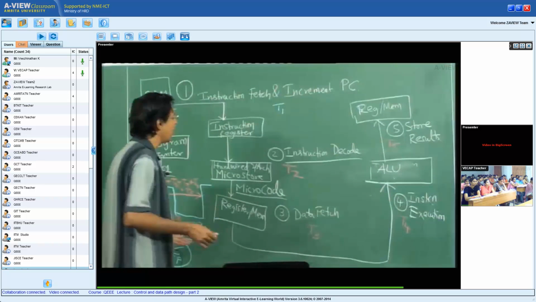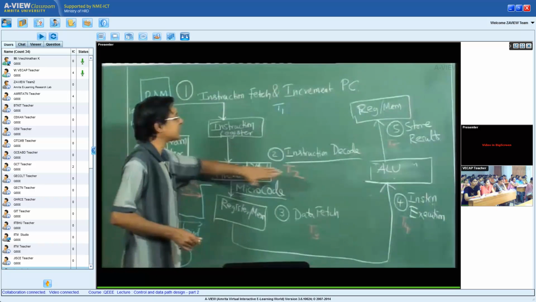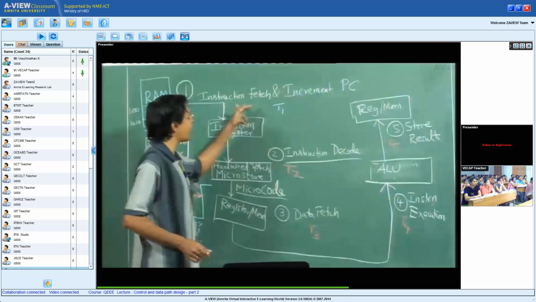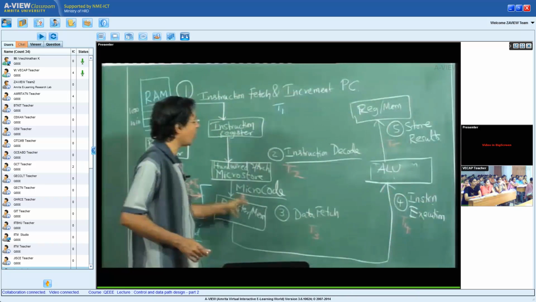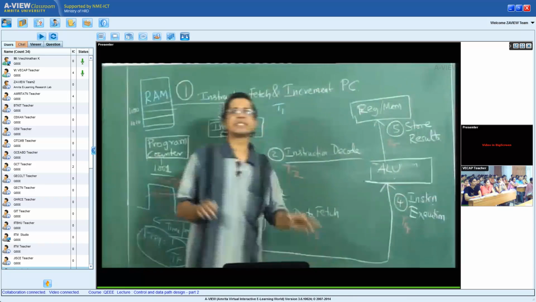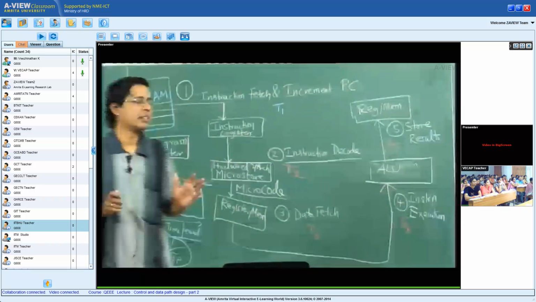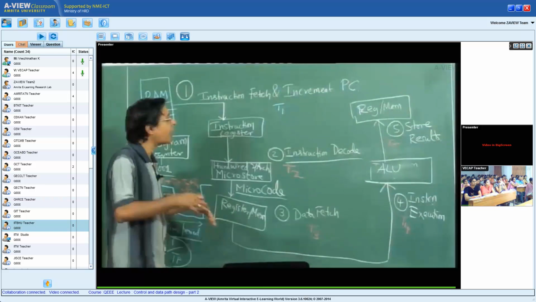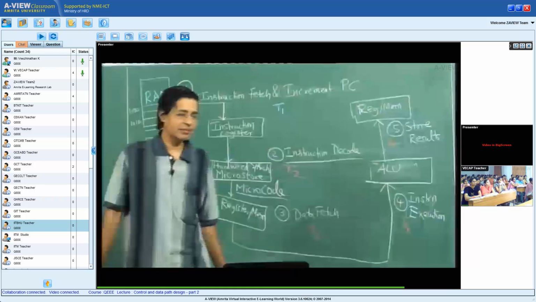As I told you, when an instruction is executing, all the hardware responsible for fetching, decoding, fetching the data and storing the results are idle. So it is very important that we start using this hardware.